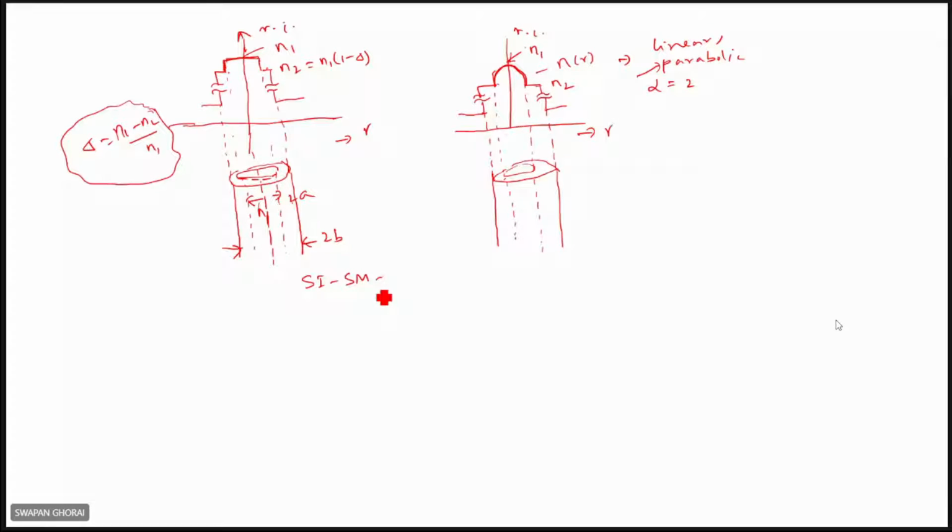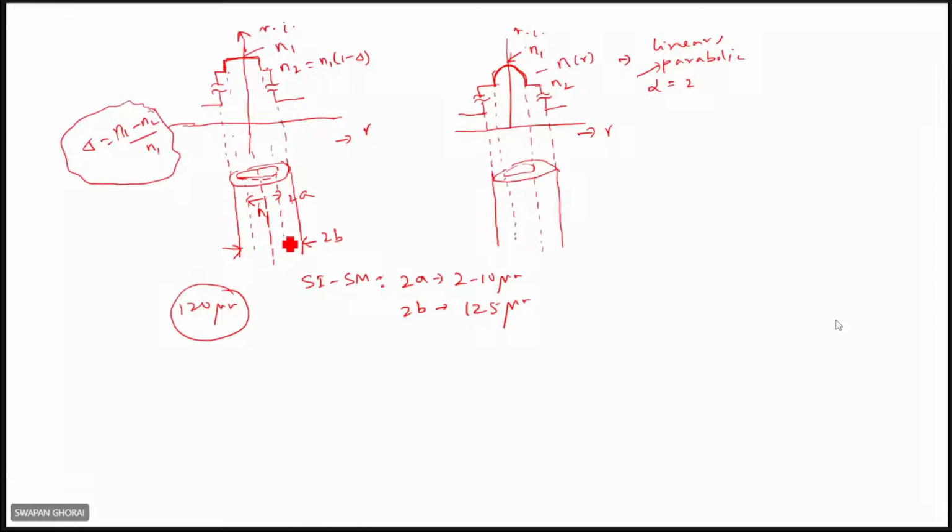So for SI-SM, generally twice A is 2 to 10 microns. It's very, very thin. And 2B is 125 microns. Minimum, it should not be less than 120 microns. We'll see why it is like this. I mean, the radius should not be less than 60 microns.